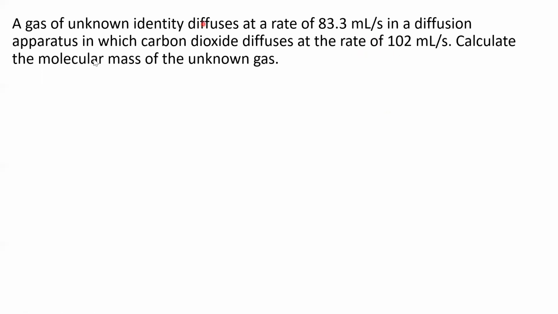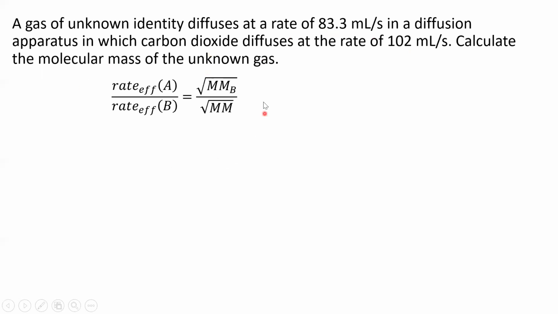We want to calculate the molecular mass or the molar mass of the unknown gas. Well, first of all, the unknown gas is effusing slower than the carbon dioxide. That means the molar mass of the unknown is going to be greater than the molar mass of the carbon dioxide. So we look at Graham's law.